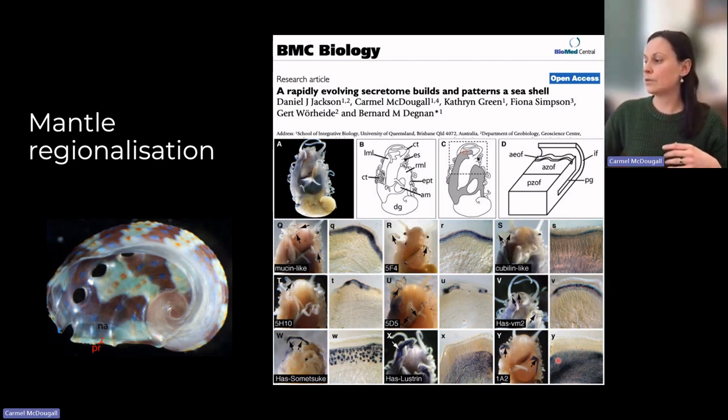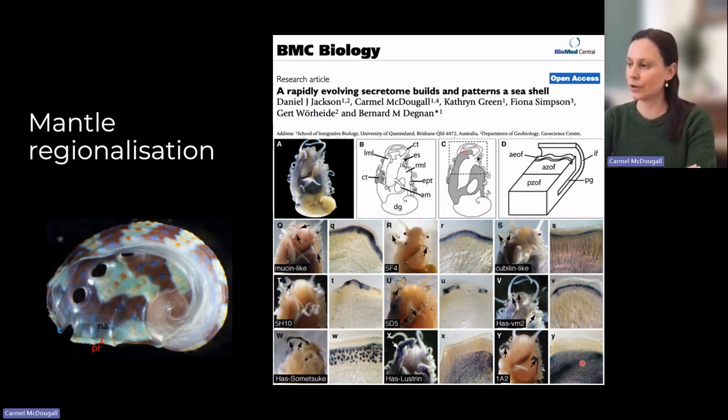And then further, we know that these two genes encode proteins that are found in the nacreous layer of the shell. So we know that this region of the mantle is responsible for secreting the proteins that are involved in nacre production.